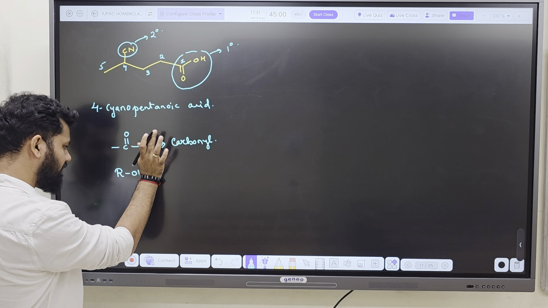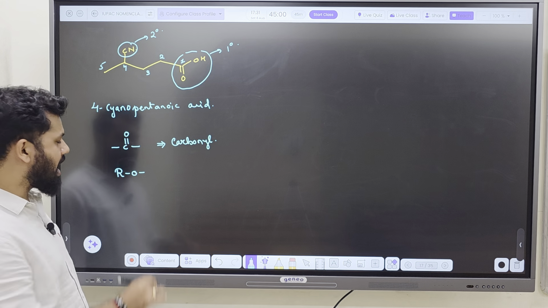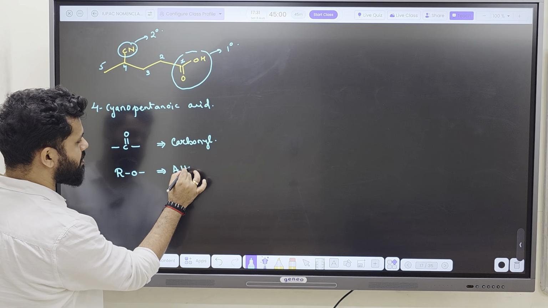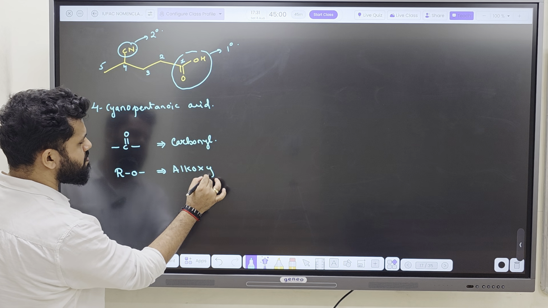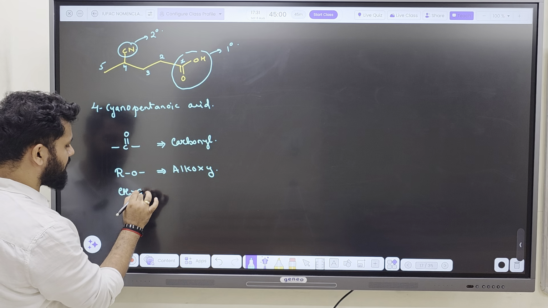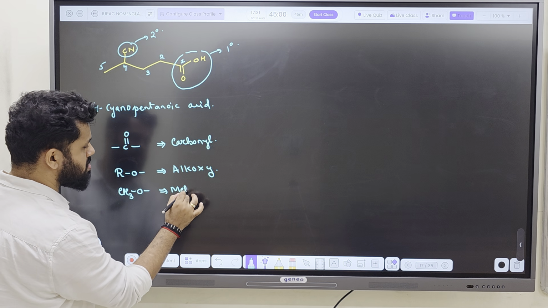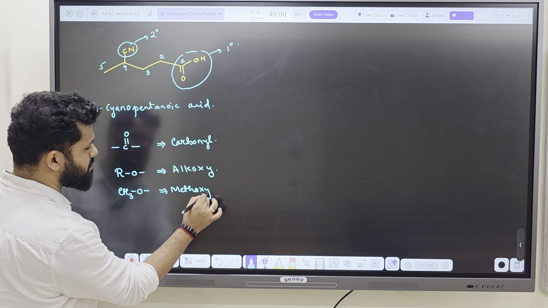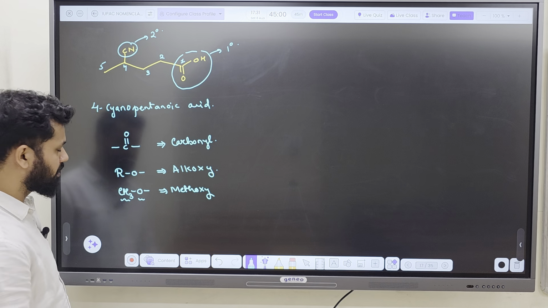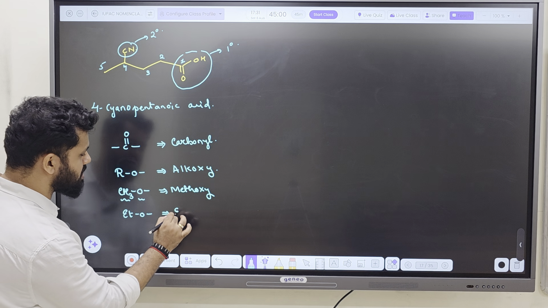However, if I get rid of this hydrogen, okay, then the radical which I have, RO linking to somebody, this is called alkoxy group. Like, methanol, from methanol if I remove H, then the group I have would be called methoxy. This is meth, this is oxy, methoxy. Or ethyl group connected through oxygen would be called ethoxy.